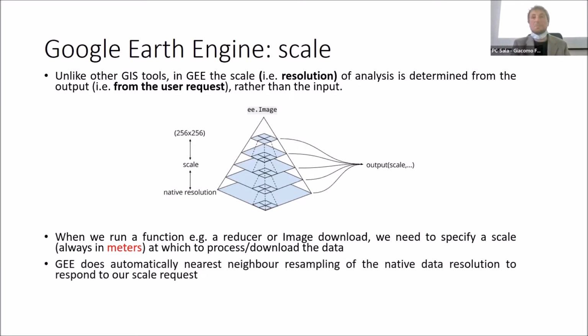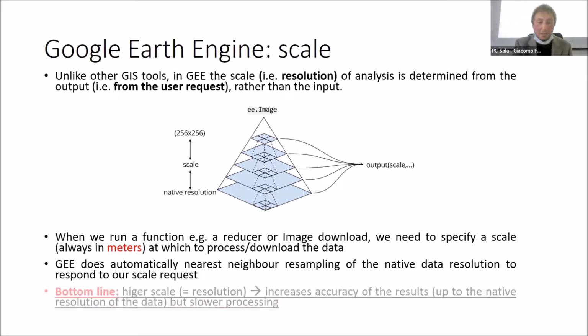Depending on the native resolution, so the resolution at which the data comes natively, and the resolution at which I make the request, Google Earth Engine will do a calculation and resampling, so-called, to adapt the scale of the data to my request. All of this is to say that the accuracy of the operations that we do in Google Earth Engine is kind of on request.